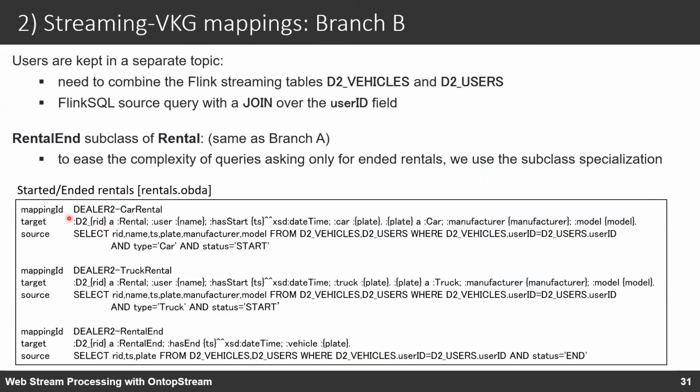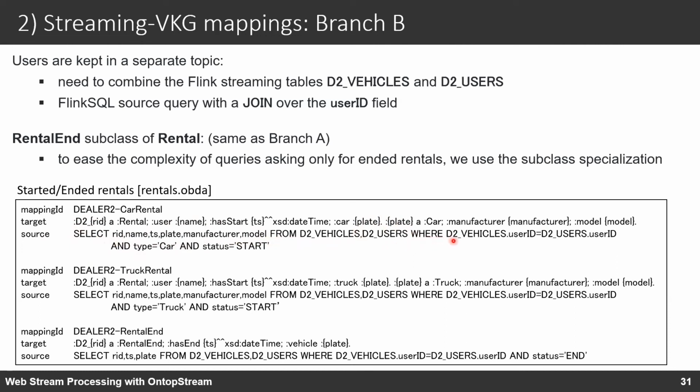In particular, in this case, we need to make a join to create a triple, because to write this triple involving both rental data and the user data, we need to make a selection over two Flink tables. So we will select some data from the D2 vehicles table, but also some data from the D2 users table.